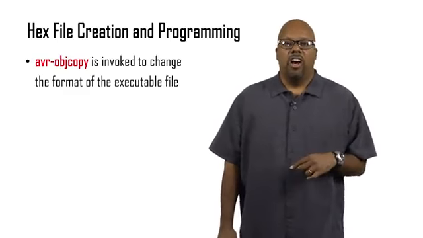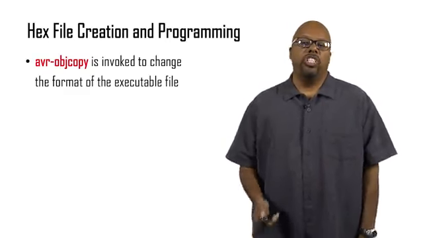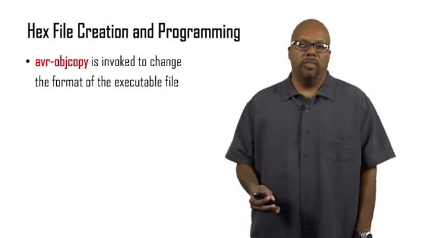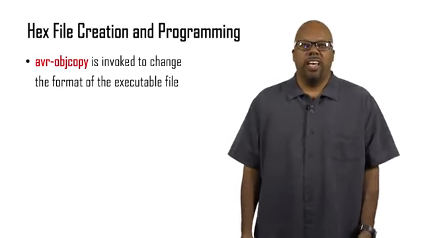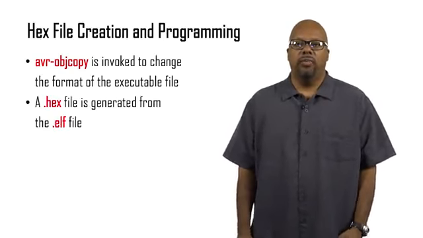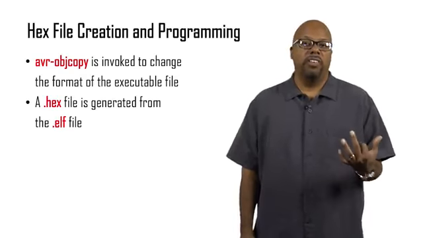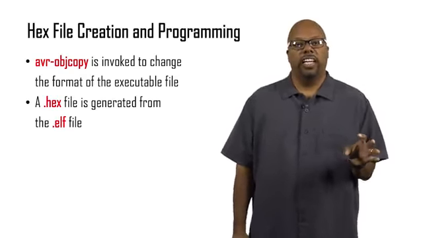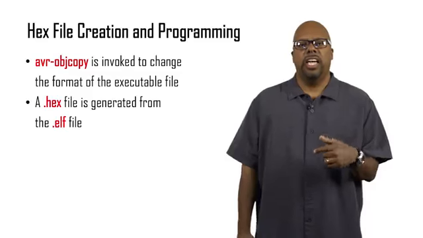For that, the IDE uses a program called AVR objcopy, which is invoked to change the format of the executable file to the one that the Arduino expects to see. This is a formatting thing, and we're not going to go into details of it, but the .hex file is generated from the .elf file that's created after linking. So it changes from one format to another, and the hex file can actually be executed by the Arduino's processor.